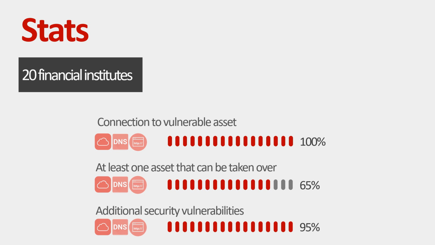The third is that 95% of these financial institutes have a lot of security vulnerabilities coming from the connections of their websites. Now these stats are real. We checked them on the biggest financial institutes in the world. And if financial institutes have those vulnerabilities, probably any other type of enterprise has them as well.